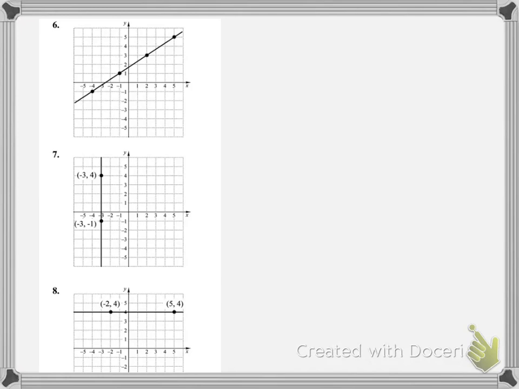So let's look at these graphs and see if we can identify the slope. For the slope, you just need 2 points. It doesn't matter which 2 points. So in number 6, just pick any 2 points on the line. They have 4 picked out. We'll just go ahead and pick this one here, and we'll do this one here.